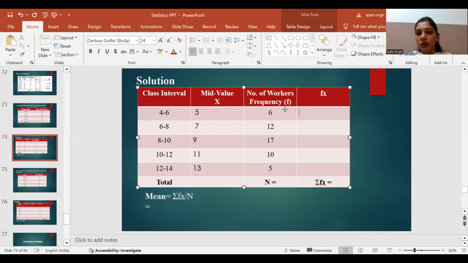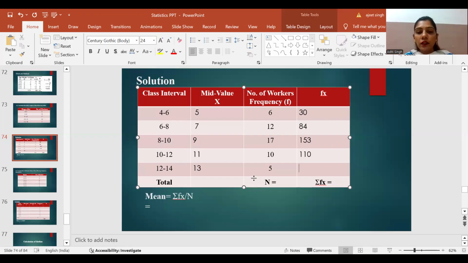So now 5 into 6 is 30. 7 into 12 is 84. After that, 17 into 9 is 153. 10 into 11 is 110.